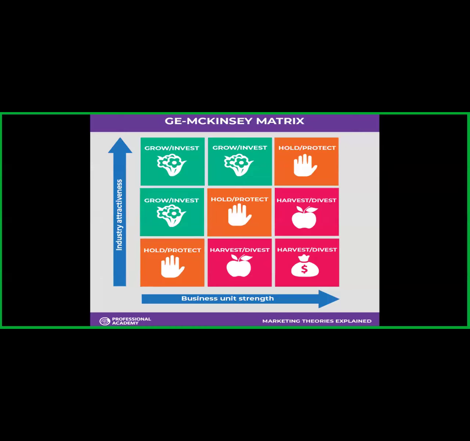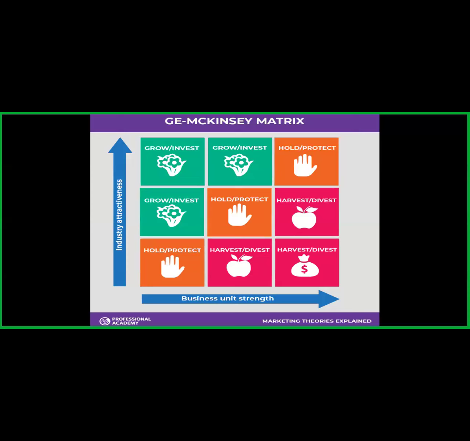Factors such as market size, market growth rate, industry profitability, competitive rivalry, and technological advancement we need to check. Then we need to check business unit strength, assessing the business unit's competitive strength within the industry.